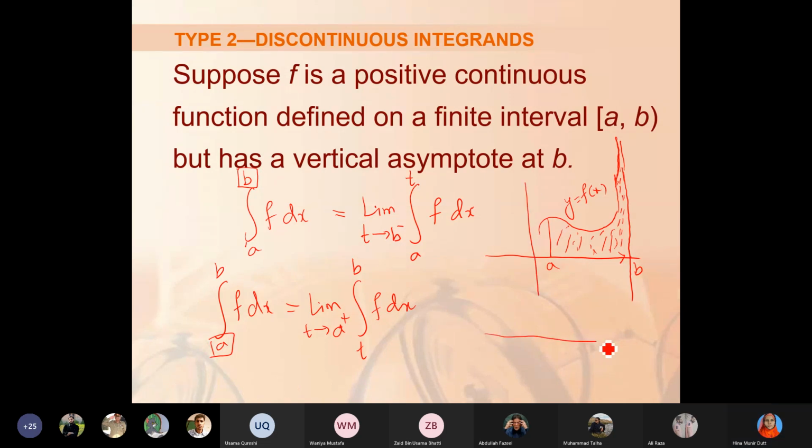Over here, for the second case I have this shape. This is my point b, this is the line x is equal to a, this is the interval. Now t is approaching a from the right hand side, from the positive side of a.